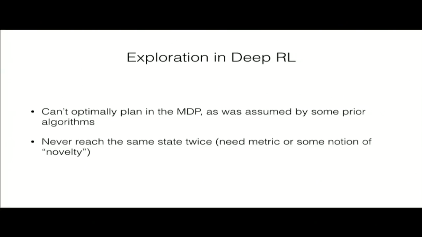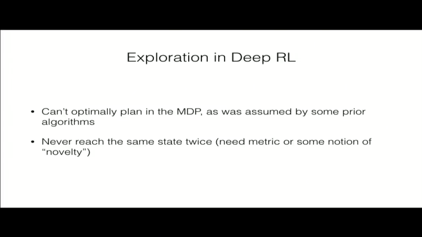Okay, so some of the algorithms for optimally solving our discrete MDPs assume that you can take your current estimate of everything and plan optimally according to that. You can't necessarily do this in the deep RL setting where you have a large or infinite state and action space. You can't plan optimally according to some learned model.